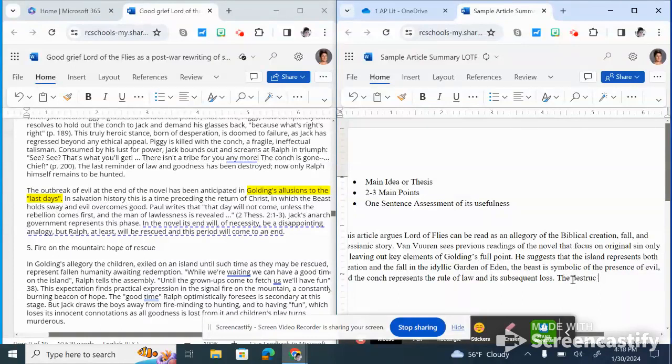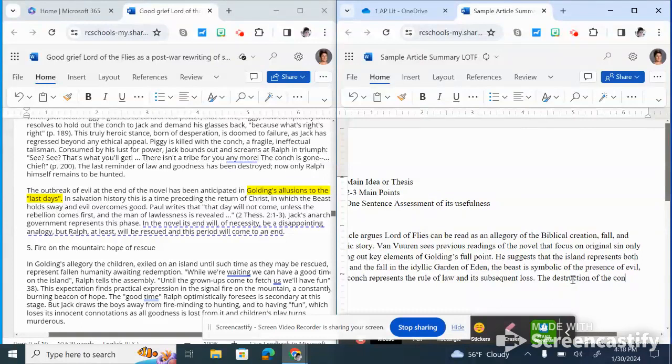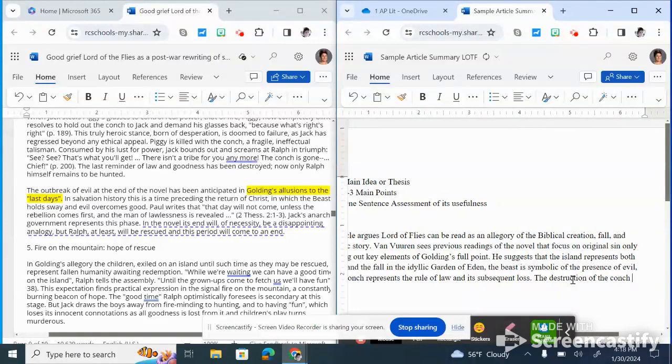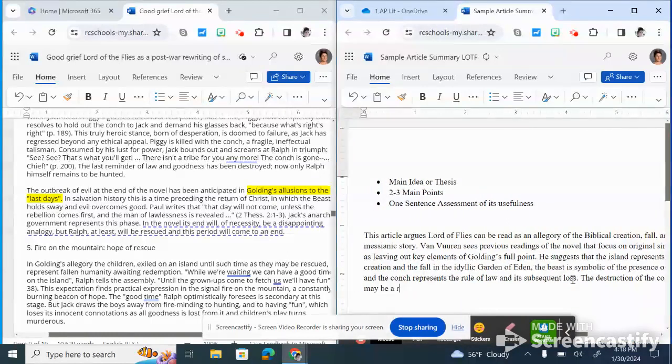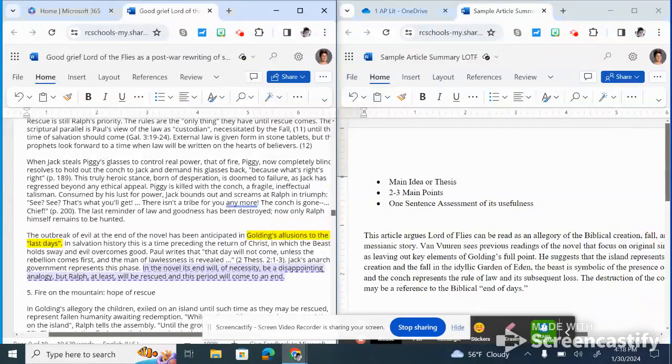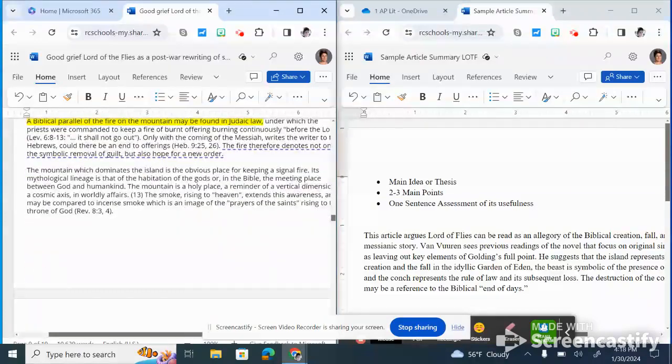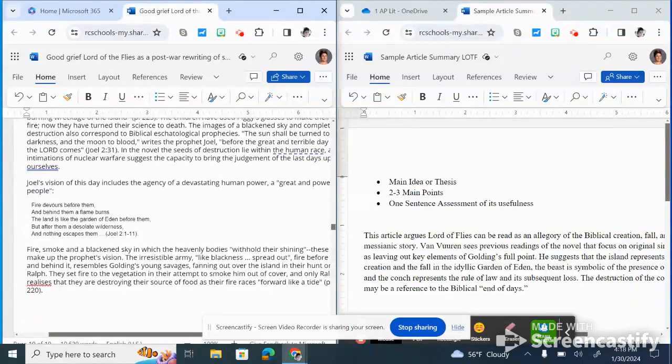The destruction of the conch, biblical, may be a reference to the biblical end of days. Now, I think I've left out something significant here, unless it's coming up.